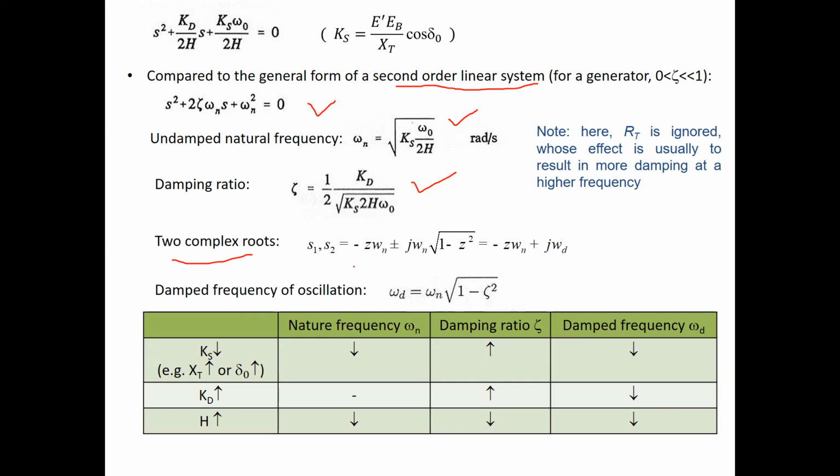That means the response will be associated with damping as well as some oscillation, and thus the damped frequency response is given by omega d. This omega d refers to the damped frequency of oscillation. So what does this mean?